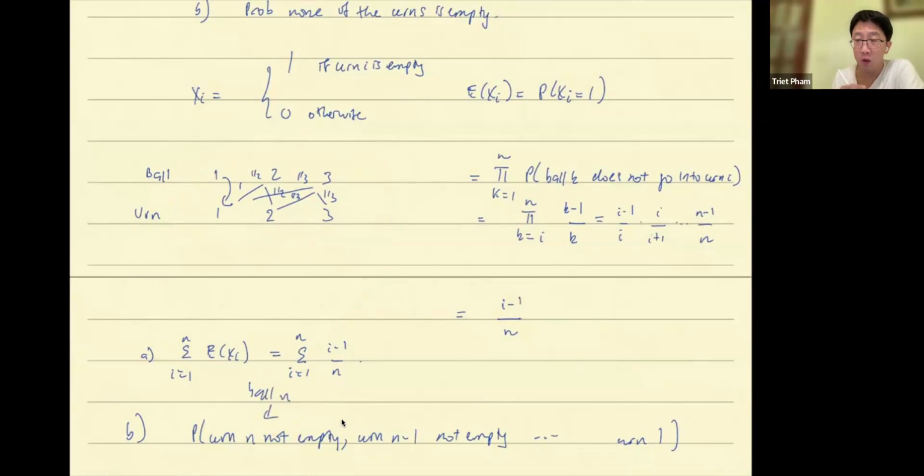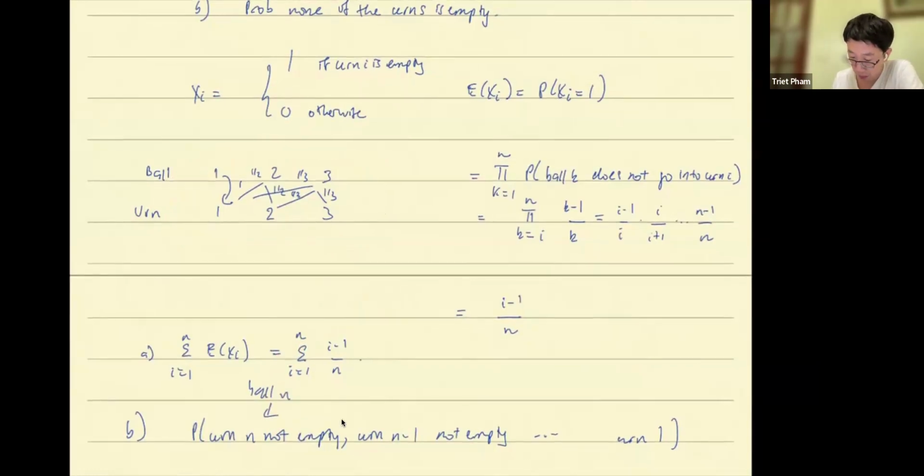But if ball n goes to urn n, then the only thing available for urn n minus 1 is ball n minus 1. Or if you will, condition on the event that ball n goes to urn n. Notice, if you just separate this event out, then either ball n or ball n minus 1 can go into it.